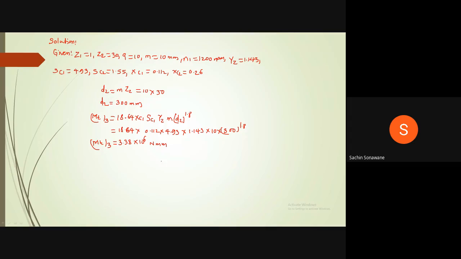Now, similarly, we will calculate MT4. MT4 is equal to 18.64 into XC2 into SC2 into YZ into M into D2 raised to 1.8. Therefore, which is equal to 18.64 into XC2 0.26 into SC2 1.55 into YZ 1.143 into M 10 into 300 raised to 1.8.